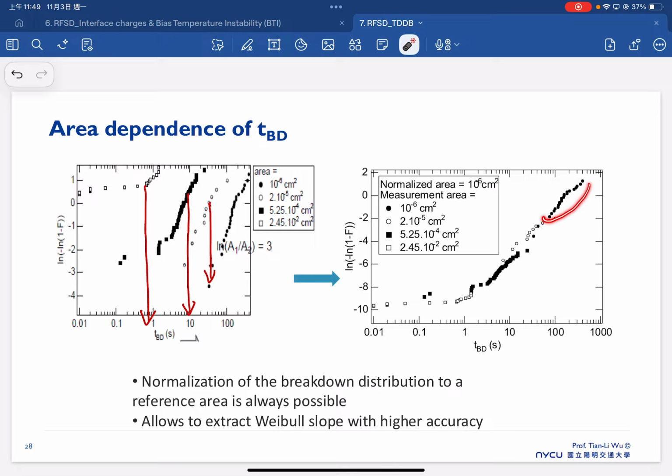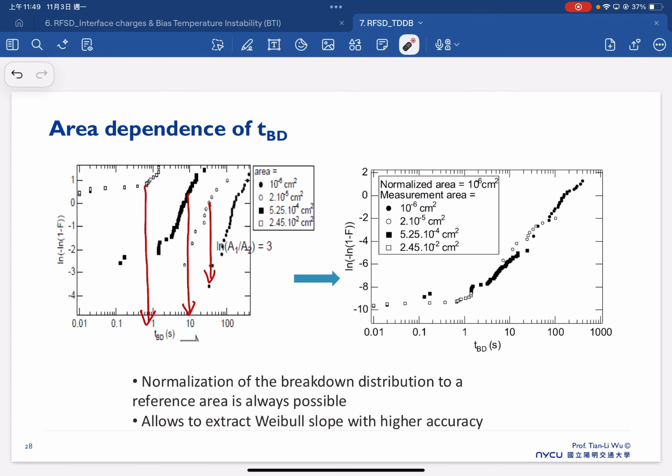This is a small area. This is a second small area shifted to the small one. And this is a large area shifted to the small one. So normalizing the breakdown distribution to a reference area is possible.